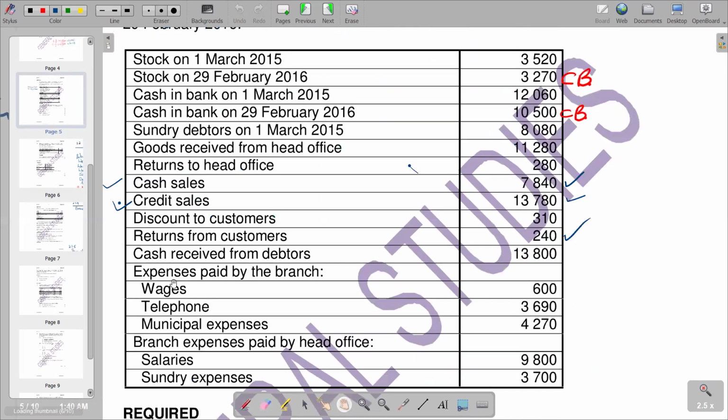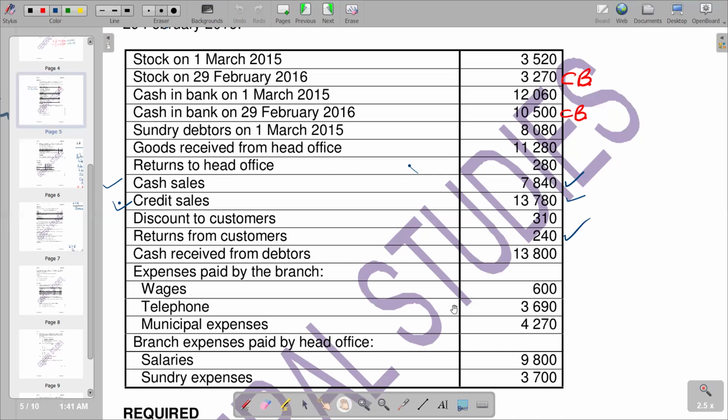Then from there we can see the next one, which is expenses paid by the branch. We've got wages 600, telephone 3,690, and municipal expenses 4,250. We are also going to complete the double entry in terms of those expenses.